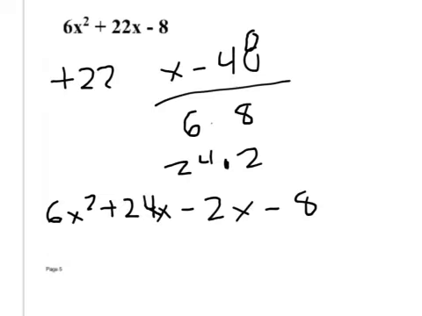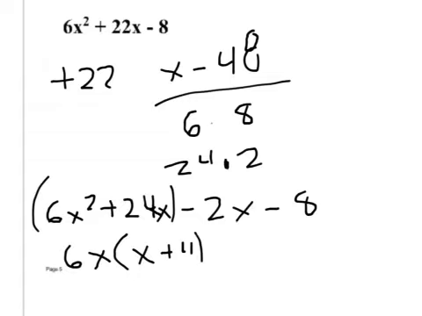What can I take out of 6x squared and 24x? 6x. What's left? X plus 4, because 24 divided by 6 is 4, and x divided by x is 1.